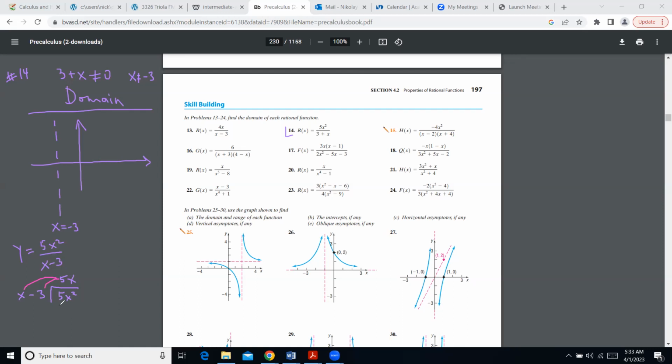So I put it here underneath, but then we get -3 times 5x, which is -15x. Then I'm going to subtract, so the first terms cancel, and the sign down below changes because we're subtracting the negative.